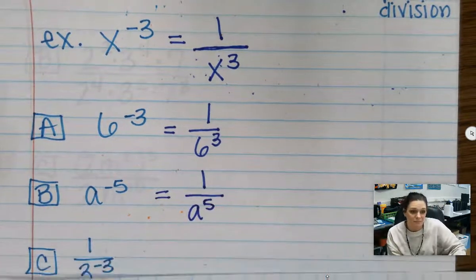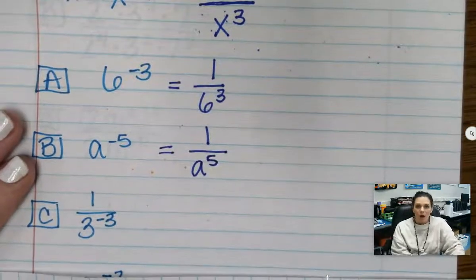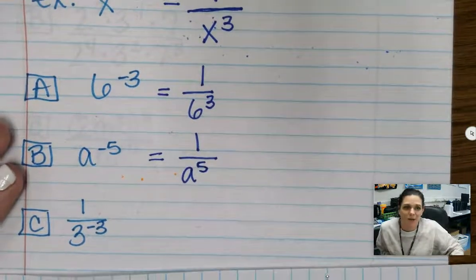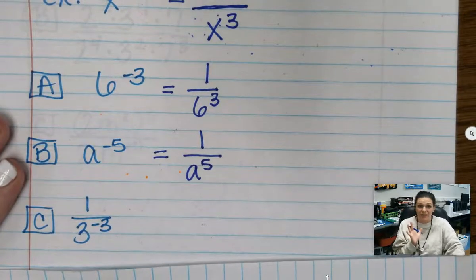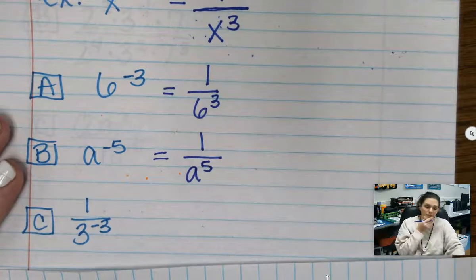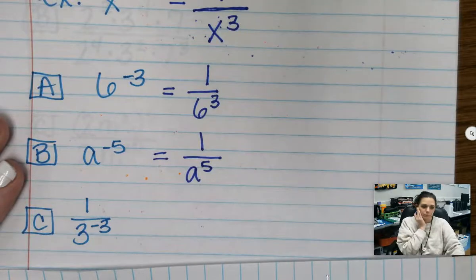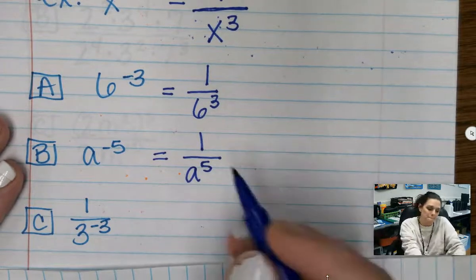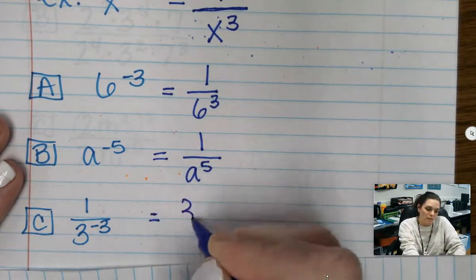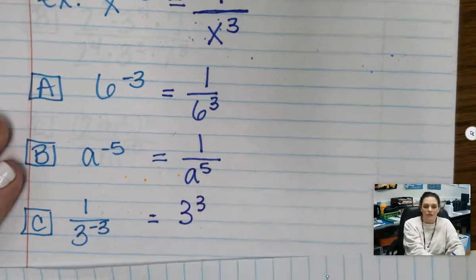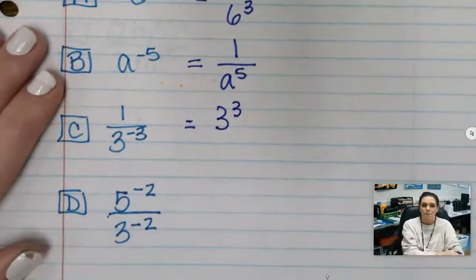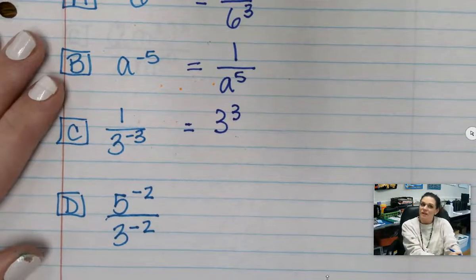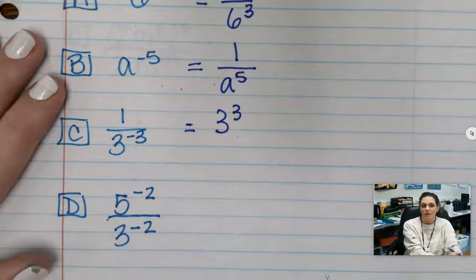So now let's make it a little harder. Now the negative is in the denominator. So we have 1 over 3 to the negative third. We're never allowed to leave something negative. We have to move it. So what would this become? My base and exponent follow along. Now take 5 to the negative second over 3 to the negative second.